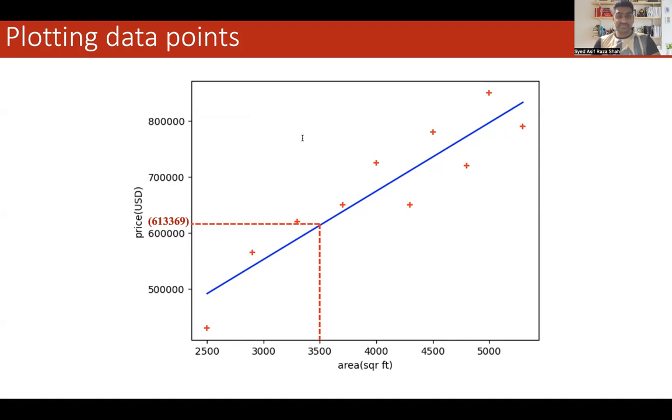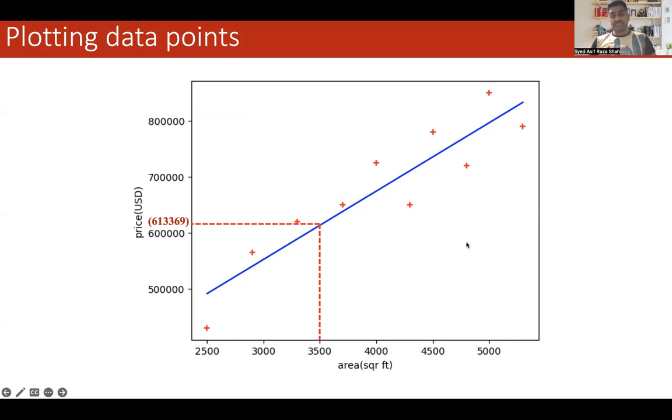Now the question is how this blue line comes about and how we can draw it using some equations. As I said in my previous introductory video, in machine learning we have some branches such as deep learning and mathematical models. Here we are using mathematical equations. You learned about the linear equation, and we draw this line using the linear equation, because there are a number of ways you can draw this line.